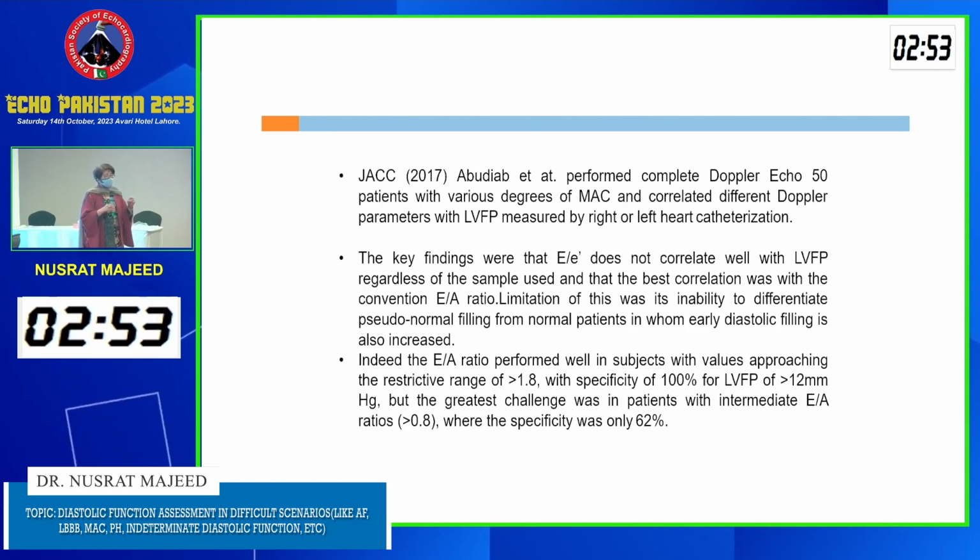So then they said, okay, we need to do something else. But they noticed that mild cases of MAC correlated fairly well with E/A. Then there was a study in JACC in 2017, and they performed it on 50 patients, and they also did concomitant right and left heart catheterization, and they found good correlation of E/A with mild cases.